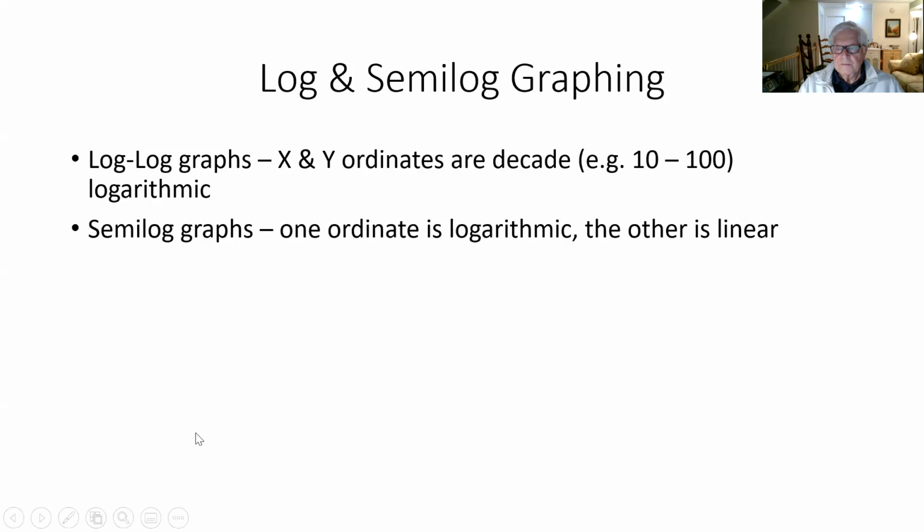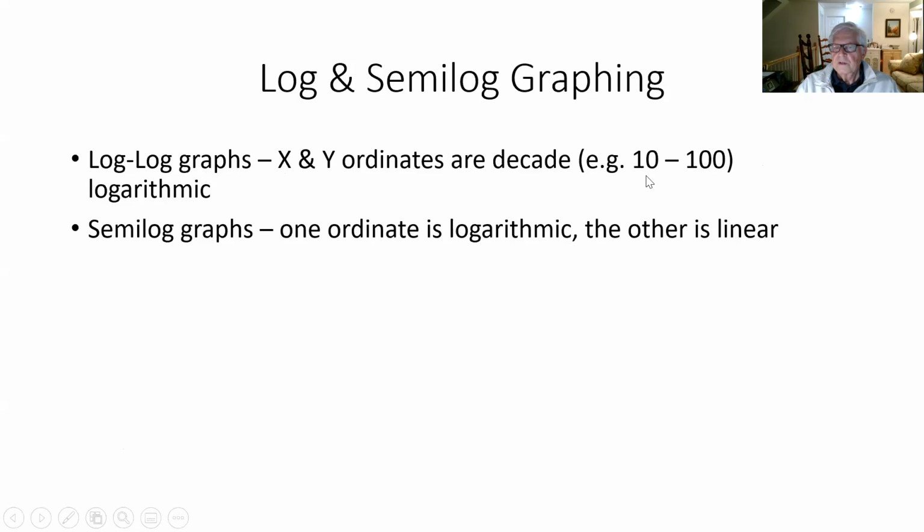So graphing. Right now we use computerized graphing, so we don't use graph paper much anymore, but we can. We have the log-log graphs giving logs in the x direction and in the y direction. So basically we'll have numbers 10, 100, 1,000.